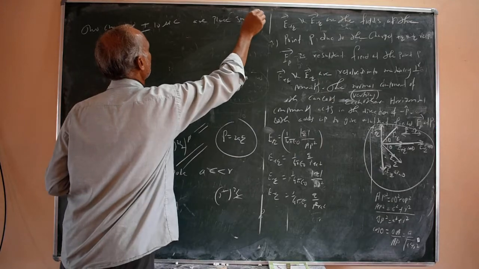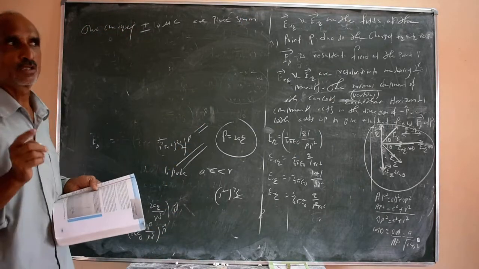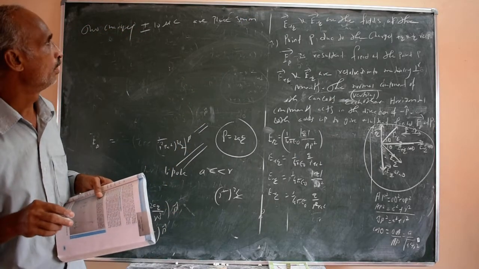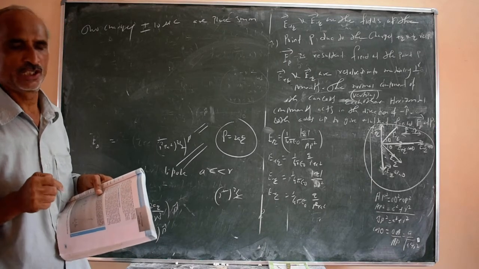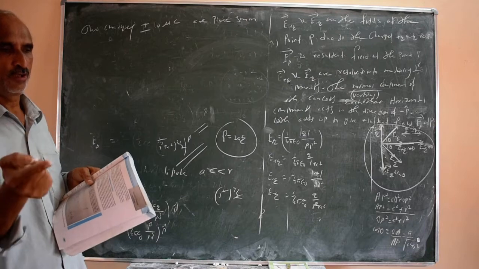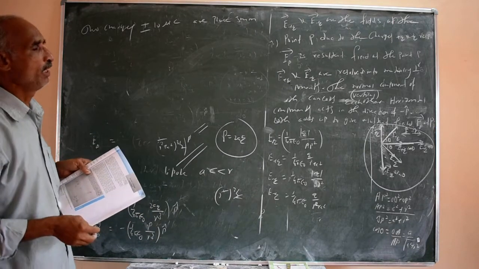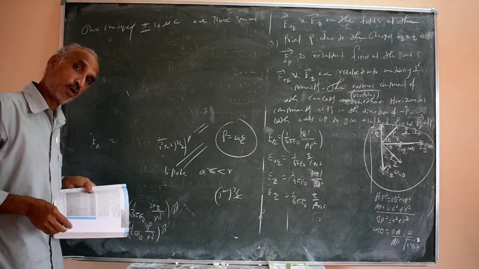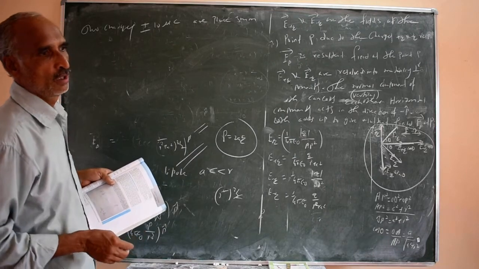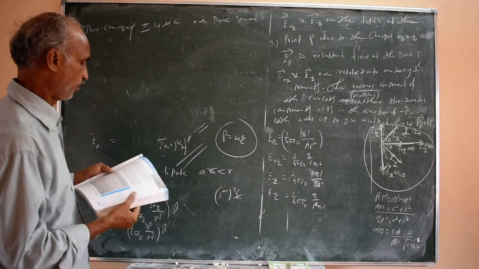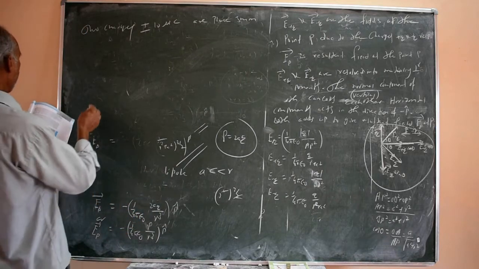Milli means 10 to the power of minus 3. So 5 millimeter is equal to 5 into 10 to the power of minus 3 meters, because the SI unit of distance, meter, ought to be used. Determine the electric field.